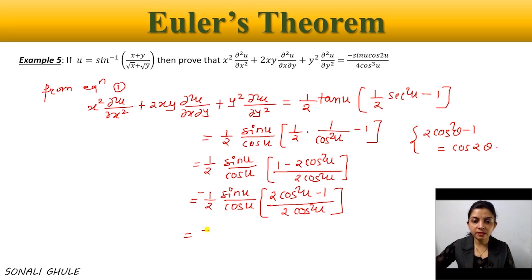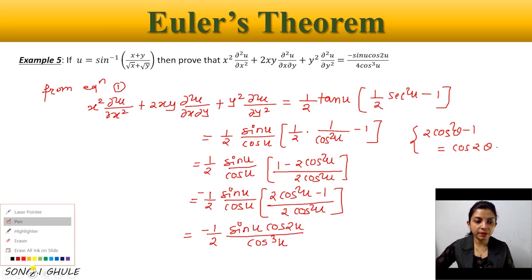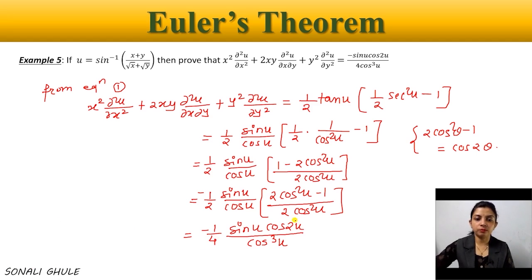So I can write this is minus 1 by 2 sin u cos 2u upon cos u into cos square u. What is it? Yes, it is cos cube u. And these 2 into 2, it will be 4. Okay, let me write. Instead of 2, there comes 4 after multiplication. This is 4. And which is our required right hand side. Okay, hence proved.